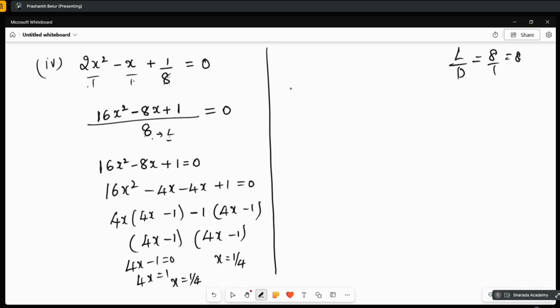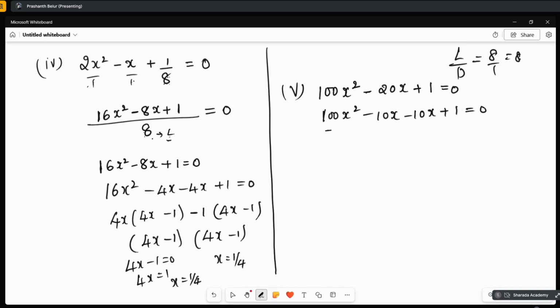Last one. Kiara, do this and tell me what are the factors you will get? 100x square minus 20x plus 1 is equal to 0. 100x square minus 10x minus 10x plus 1 is equal to 0. I have to take common here 10x. So what else is remaining here? 10x minus 1.